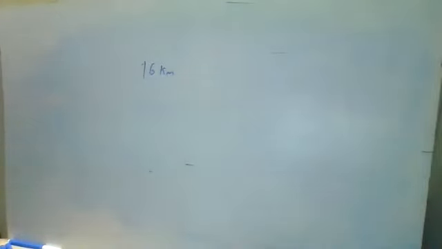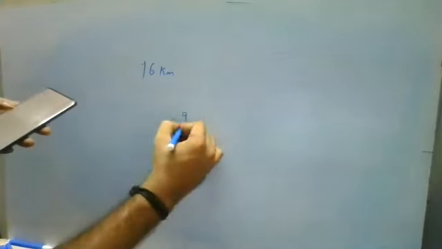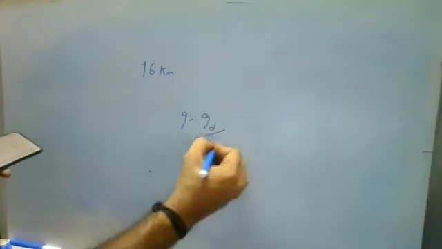Take the radius of the earth as 6,400 kilometers. I'll repeat the question. We need to find the relation. So percentage decrease is (g minus gd) by g into 100.